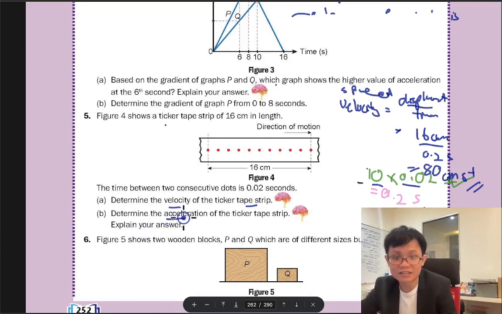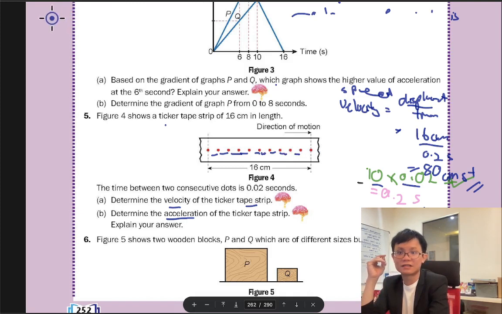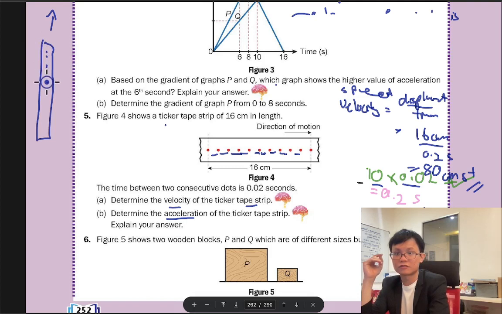Determine the acceleration. So I will say that there is no acceleration, because you can see here all is the same. No acceleration because all the dots are equal. If there is high acceleration, the dots will be from slow to fast.